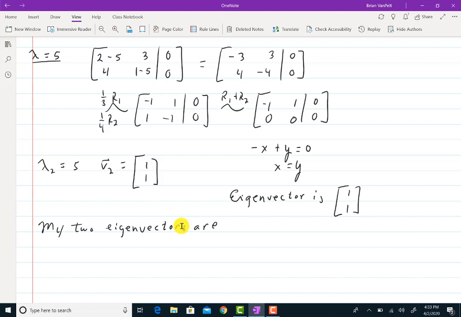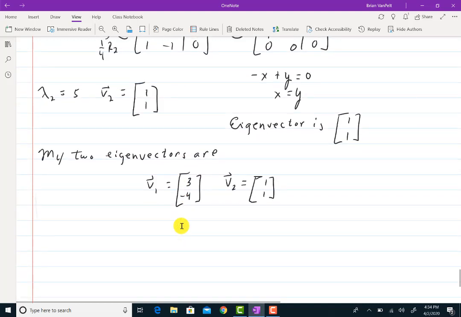Let me remind you what they were. v1 was equal to 3, -4. v2 equals 1, 1. And so, are they linearly independent?